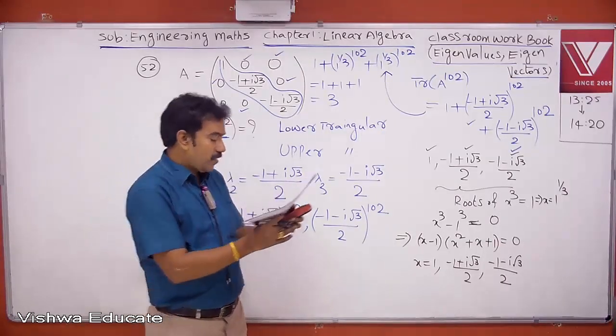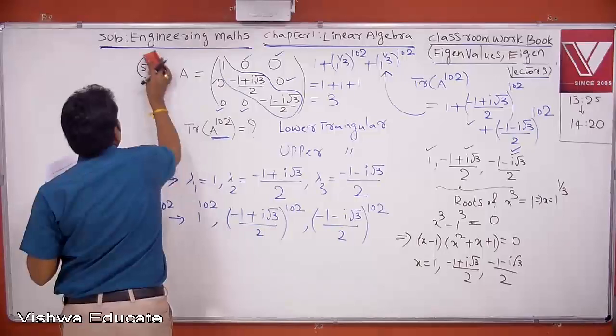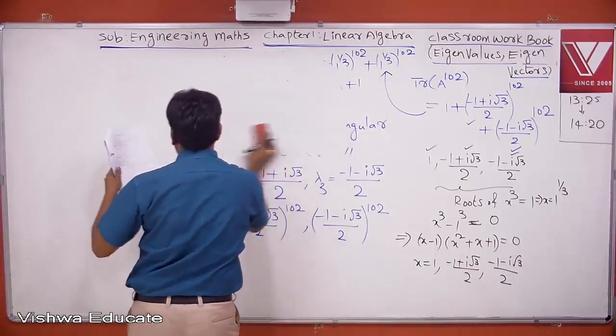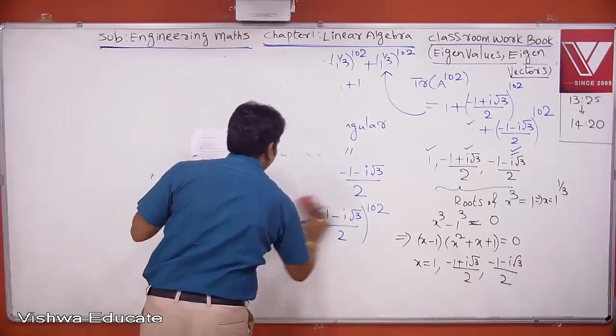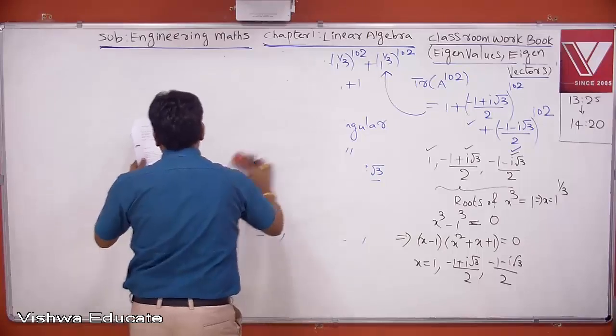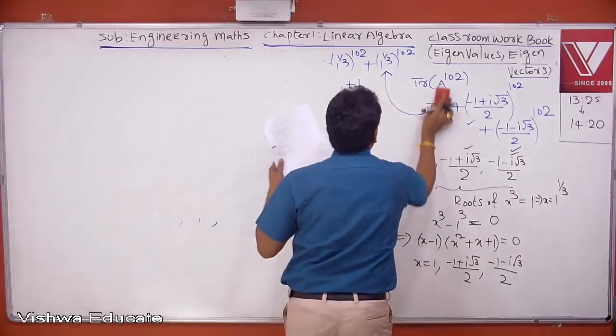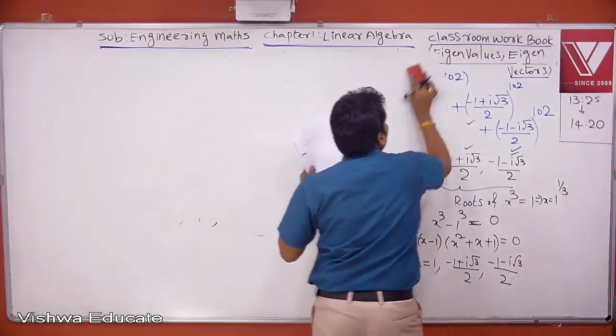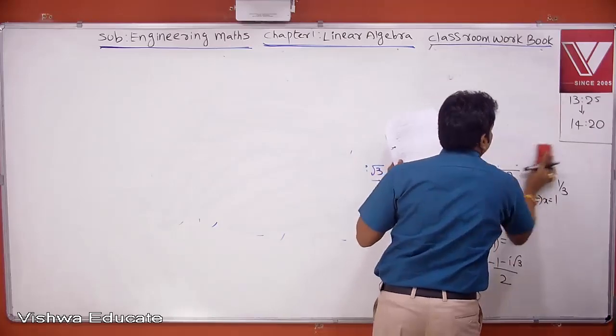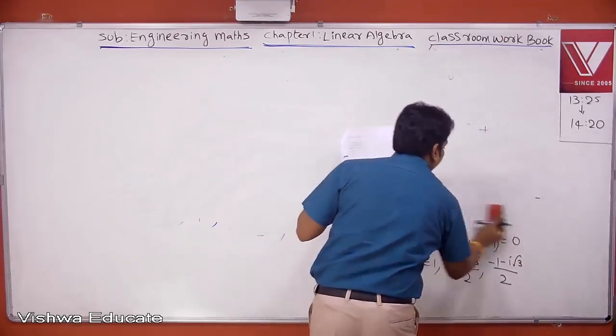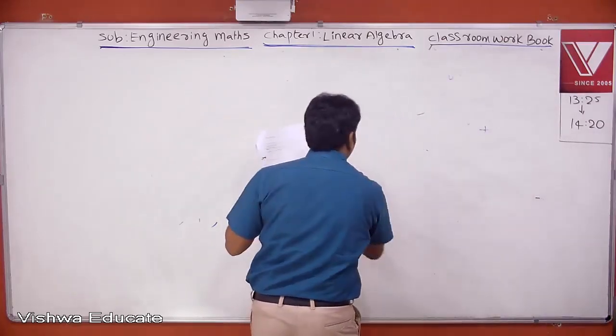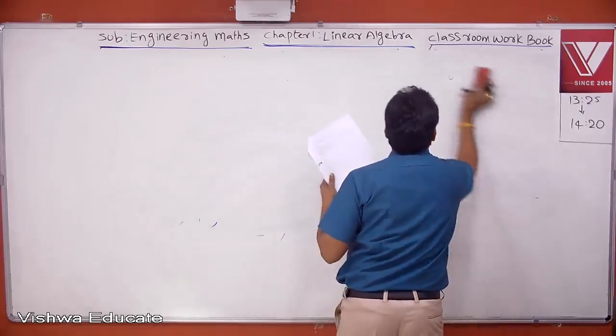Next question. Question number 53. For the matrix A satisfying the equation given below, the eigenvalues are. In this question, the whole matrix is not given.